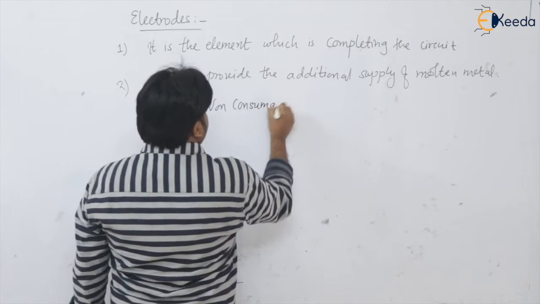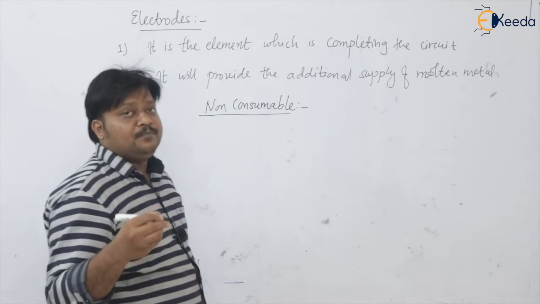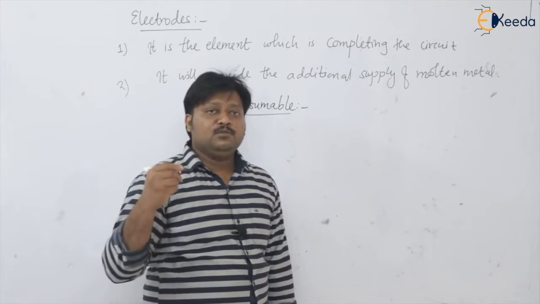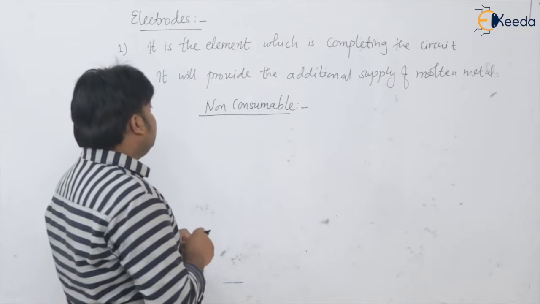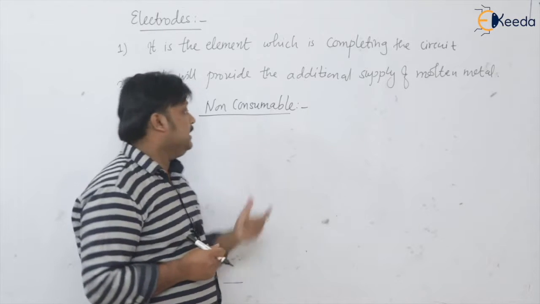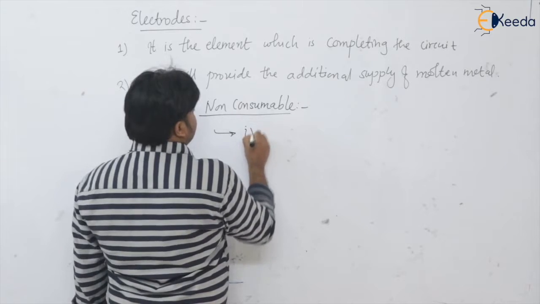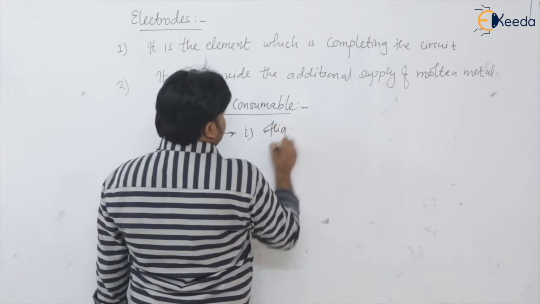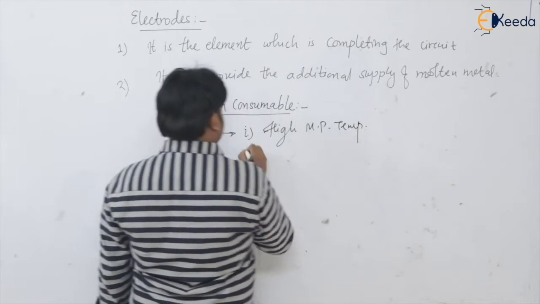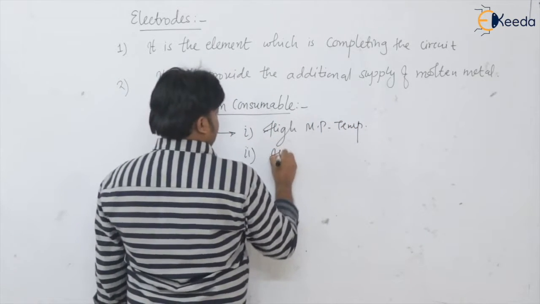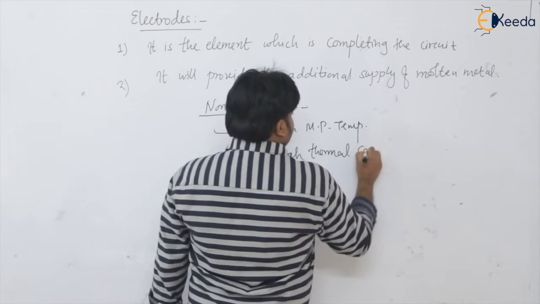Non-consumable, that is, it is not going to get consumed, it is not going to supply the additional material into the weld. Okay, so these non-consumable electrodes basically should have some properties. Number one, it should have a high melting point temperature, and secondly, very important, it should have high thermal conductivity.